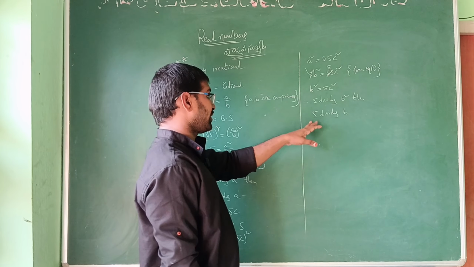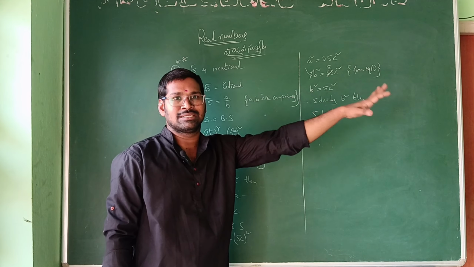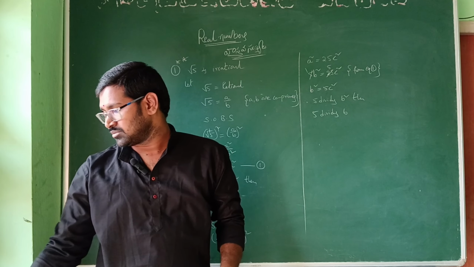But here 5 is a factor of a and also a factor of b. That is not possible, so our assumption is wrong.